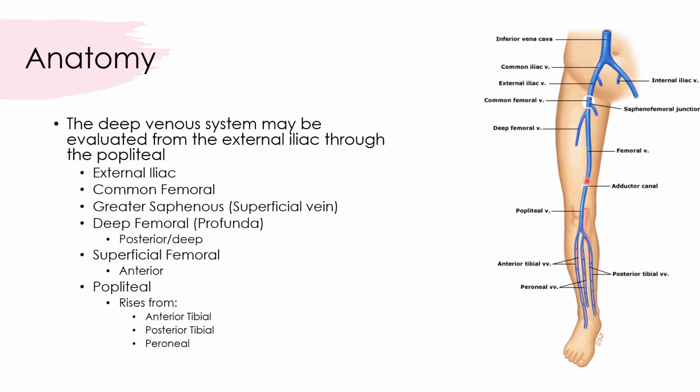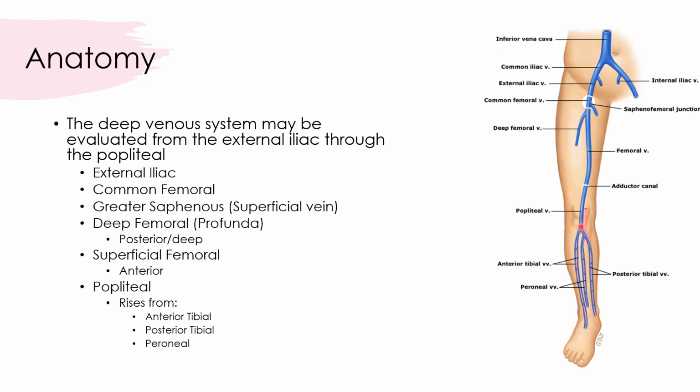So most of the time, we will pop behind the knee, find the popliteal, and then follow it back up through that canal until we're sure we've seen all of that vein. As it dives through that adductor canal and moves to the posterior knee, we then refer to it as the popliteal vein.